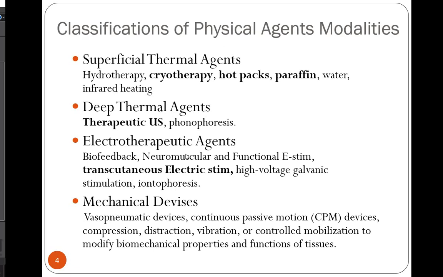Electrotherapeutic agents are agents or PAMs that produce responses in the tissue through using electrons or electricity. Examples are biofeedback, neuromuscular and functional electric stimulation, transcutaneous electric stimulation, high voltage galvanic stimulation, and iontophoresis, which is transmitting medication through the tissue using electric stimulation.